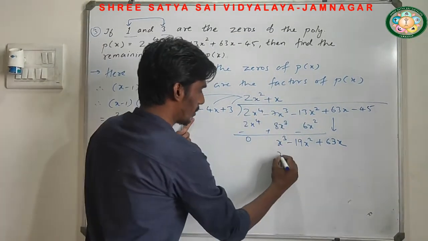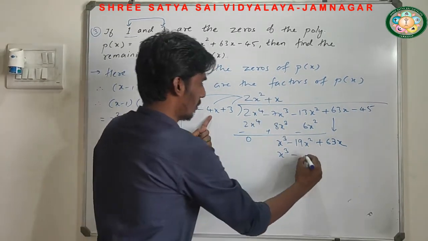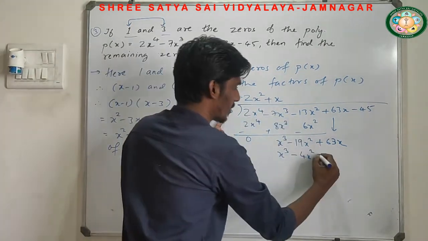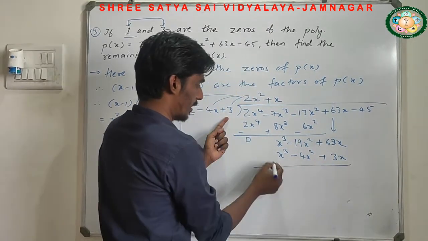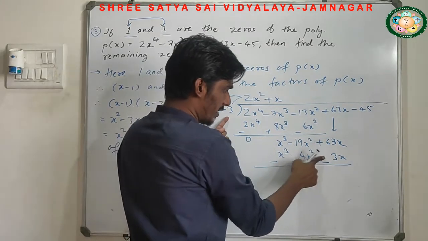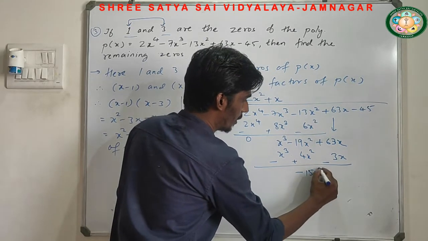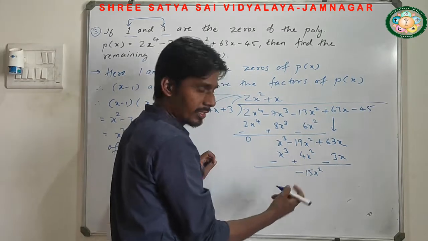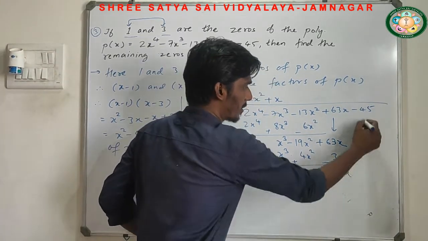So x square into x is x cube, minus 4x square, plus 3x. Change the sign. So minus 19 plus 4, it's minus 15x square. 63 minus 3, it's plus 60x, and here minus 45.